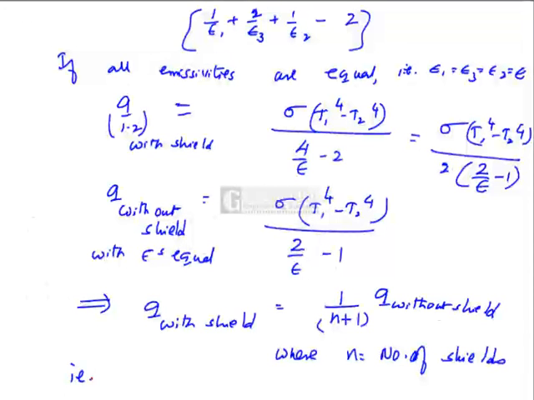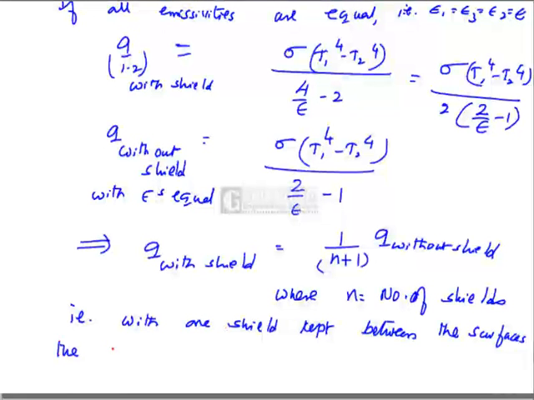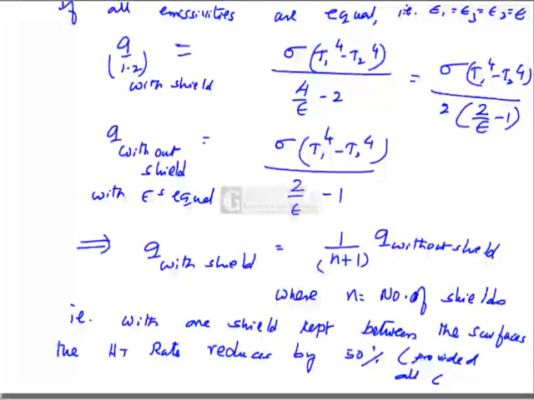That is, with one shield kept between the surfaces, the heat transfer rate reduces by 50%, provided all epsilons, emissivity values, are equal.